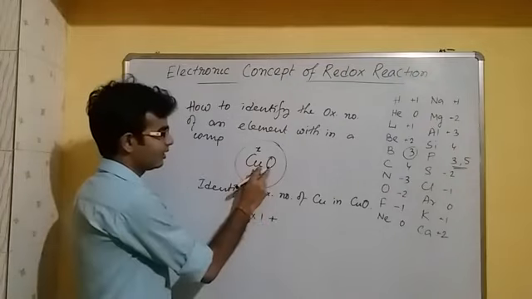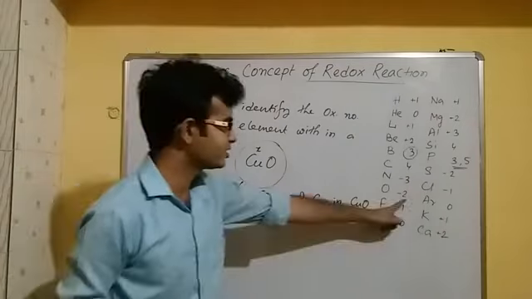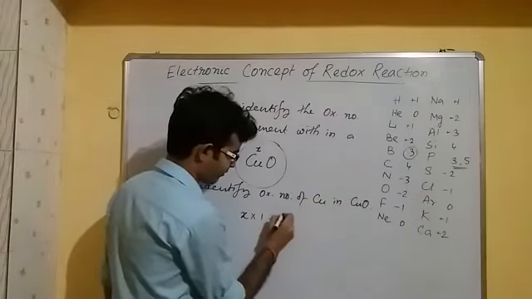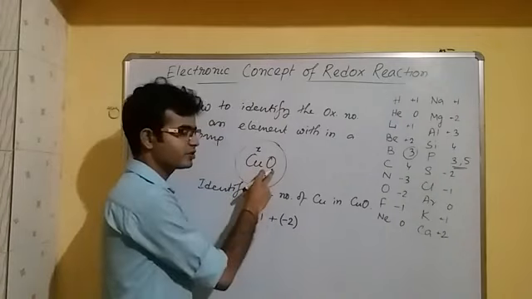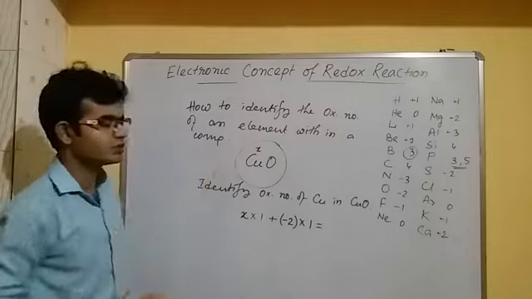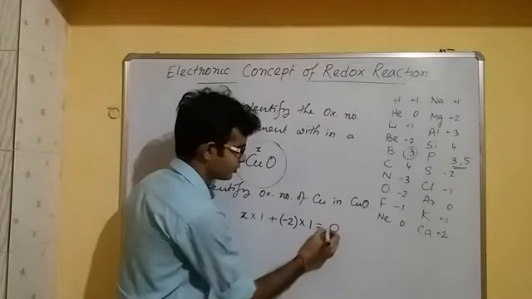Plus, here is the oxygen. What is the oxidation number of oxygen? -2. How many oxygen atoms are there? 1, so -2 into 1. The overall charge of a molecule is 0.